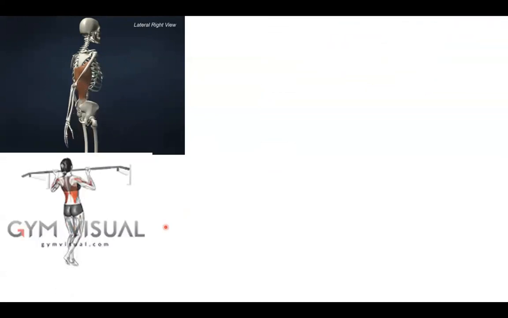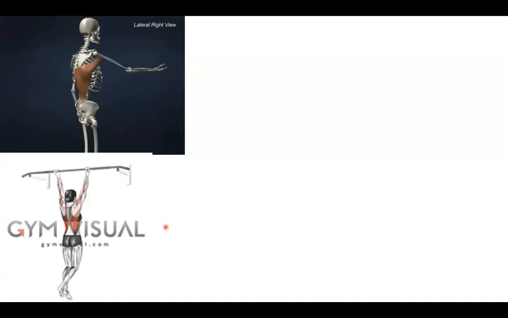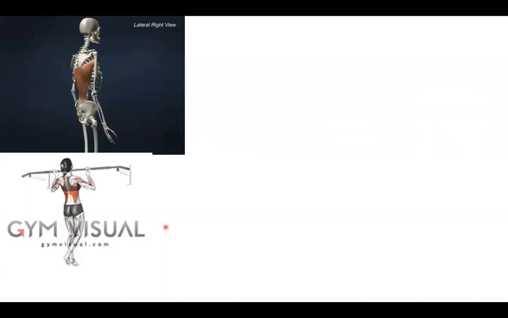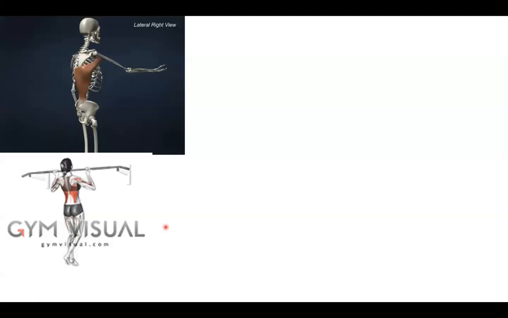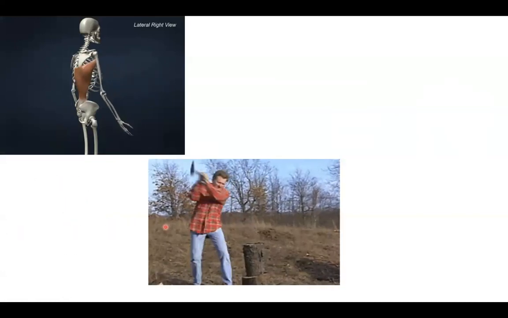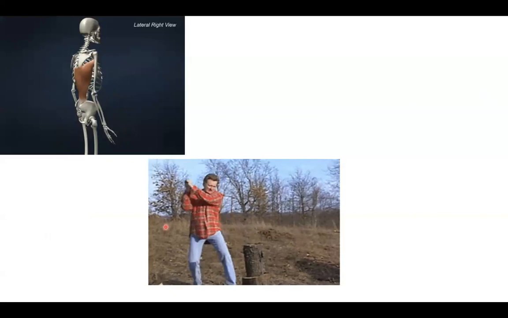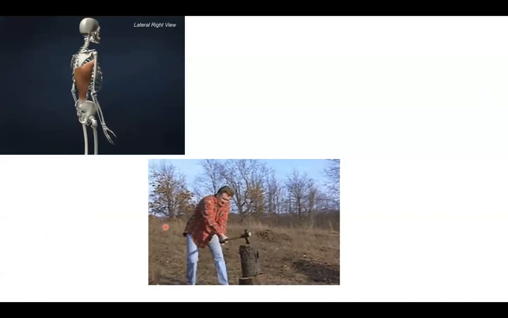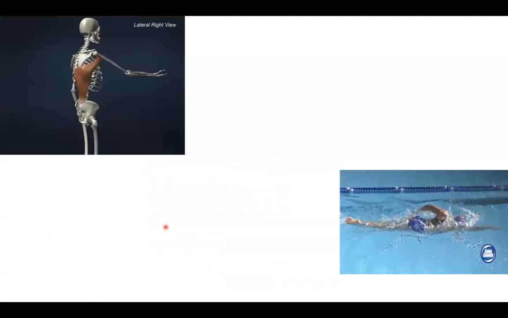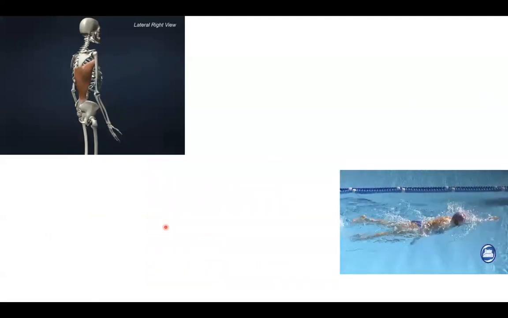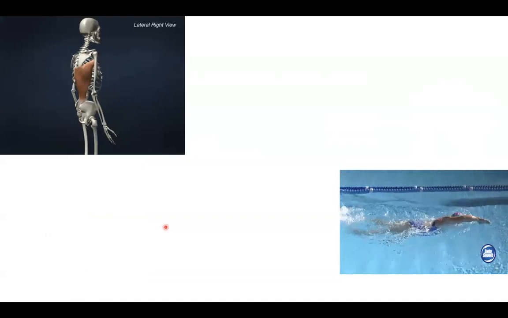When we are doing pull-ups, the contraction of this muscle raises our body up, so it's the main muscle used during pull-ups. We also use this muscle in daily chores like chopping wood, or when we are swimming.